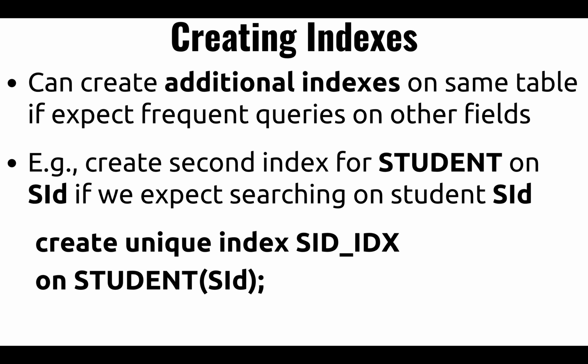So here's another index, right? We're creating a unique index. You can create a unique index on fields that are primary keys, such as SID. And we'll see what the difference is between indices that are unique and indices that are not unique.